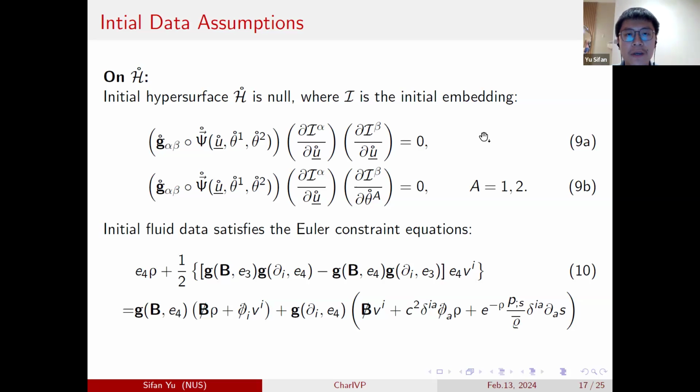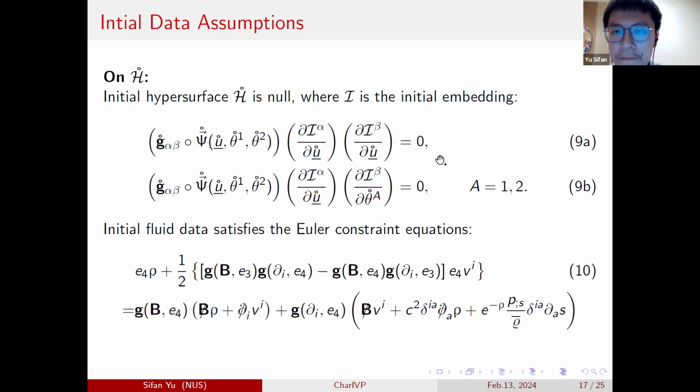You should view dI over d u bar as the null generator L or its rescaled version, for different normalizations, and you should view dI over d theta as derivatives or vector fields on the two-spheres S u bar.